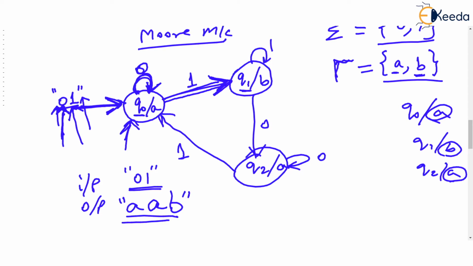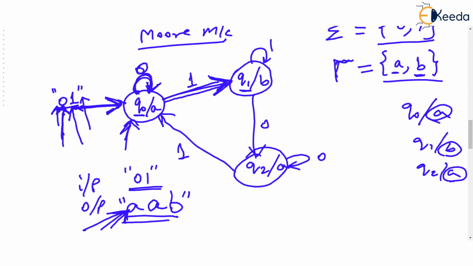I'll tell you, this first output, A, was produced even before reading the first symbol 0, because as soon as the machine entered the Q0 state, it printed A. And then it read the first symbol. So the very first output is many times called an extraneous output, which is in fact not needed. But the Moore machine is developed like this, that as soon as it enters a state, it will output the symbol.